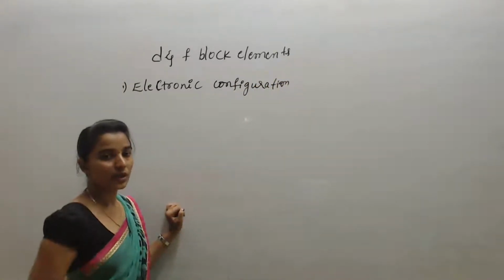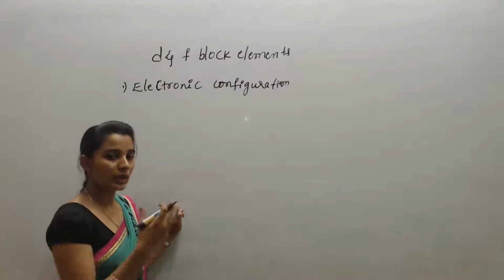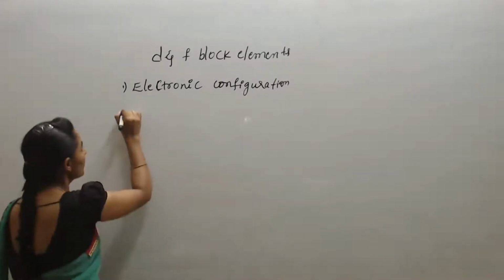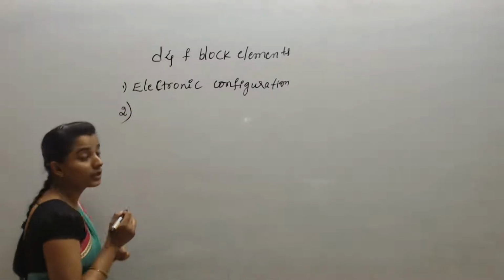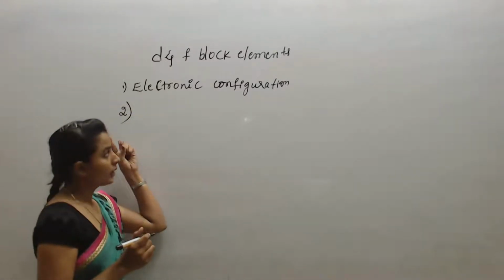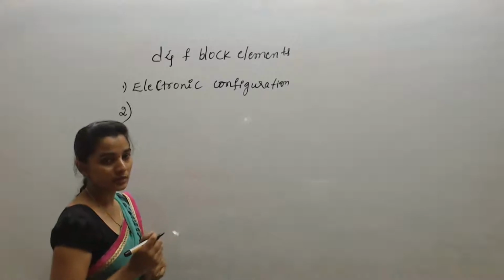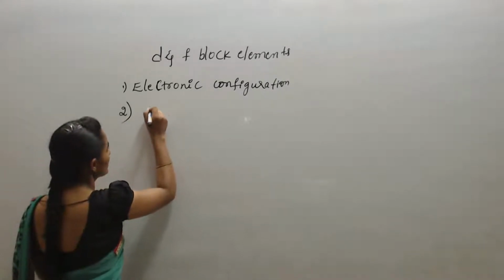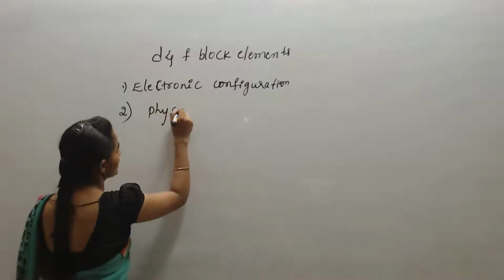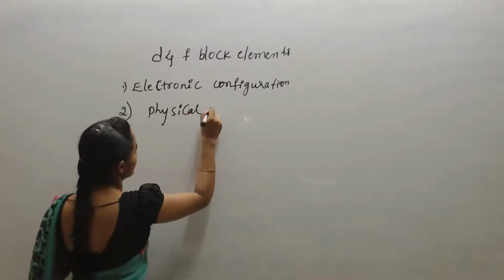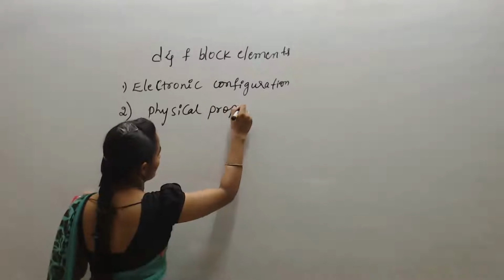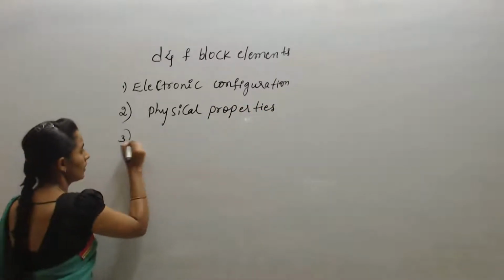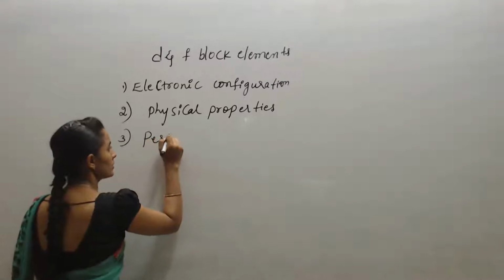The position in the periodic table we will also study, but the main thing is electronic configuration. Next, the periodic trend, especially how the properties of the D block elements change. The second one is physical properties. Next, periodic properties.